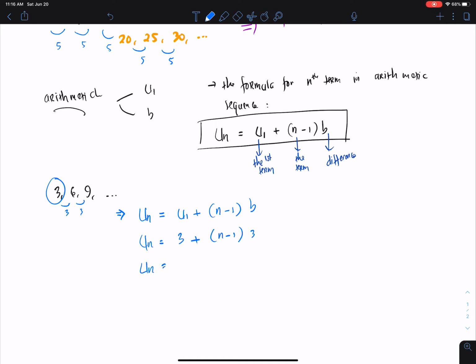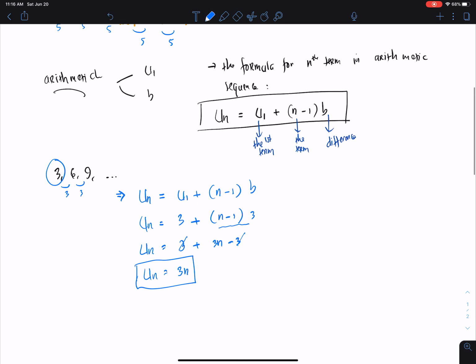So Un is 3 plus, if we solve this, 3n minus 3. So Un will be 3 and minus 3 cancel, left with 3n. So this is the formula for this particular sequence.